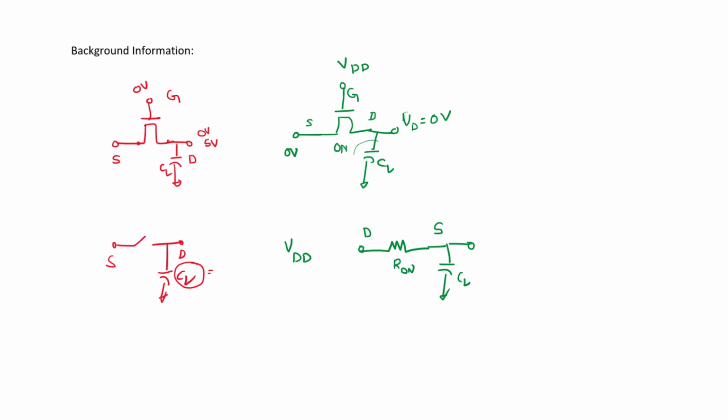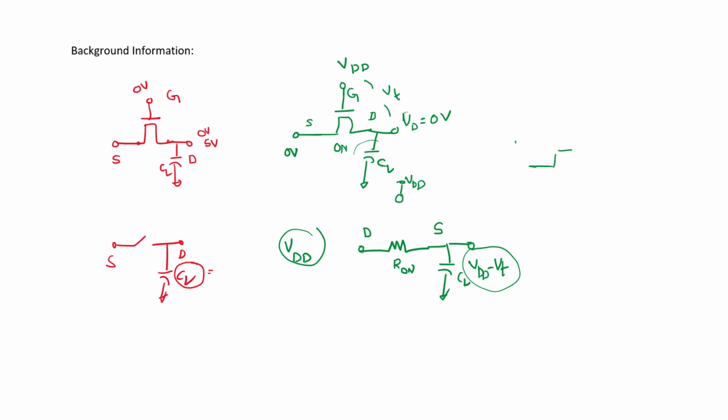We know that a minimum of VT should appear across the gate and source terminals to make this transistor on. So this capacitor will charge up to VDD minus VT. At the drain terminal we applied VDD, and at the gate terminal we also applied VDD.